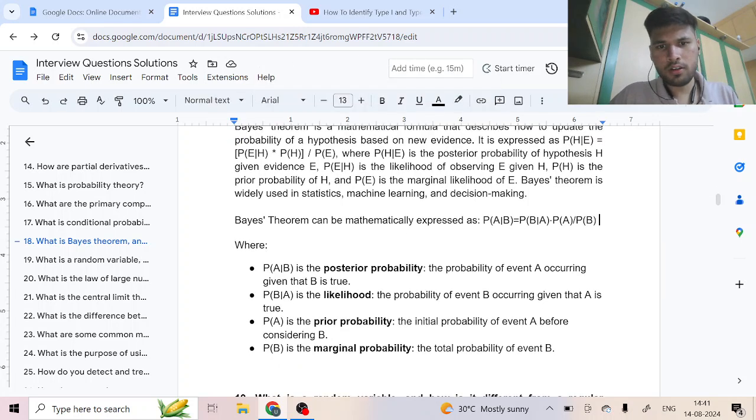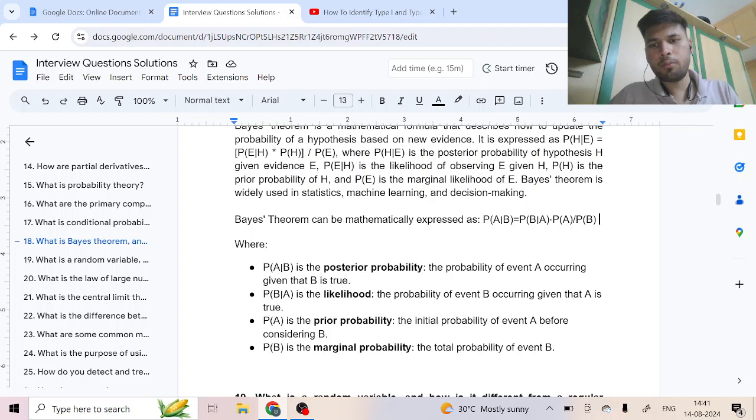Now, P(A|B) is called the posterior probability, the probability of event A occurring given that B is true. P(B|A) is the likelihood, the probability of event B occurring given that A is true.